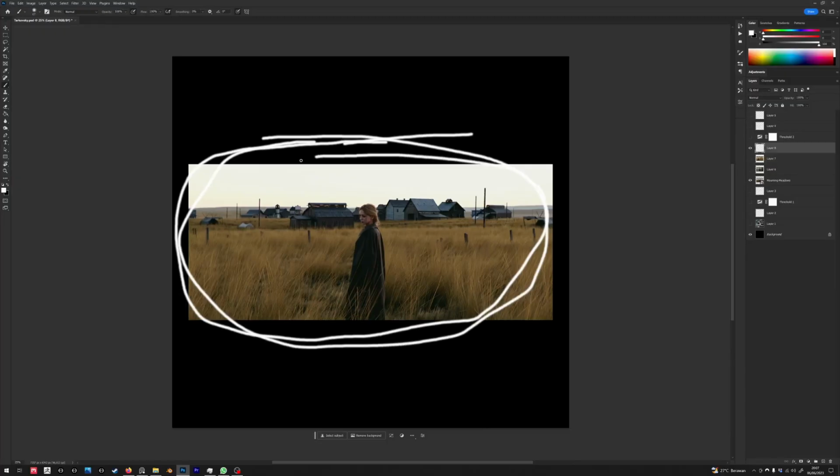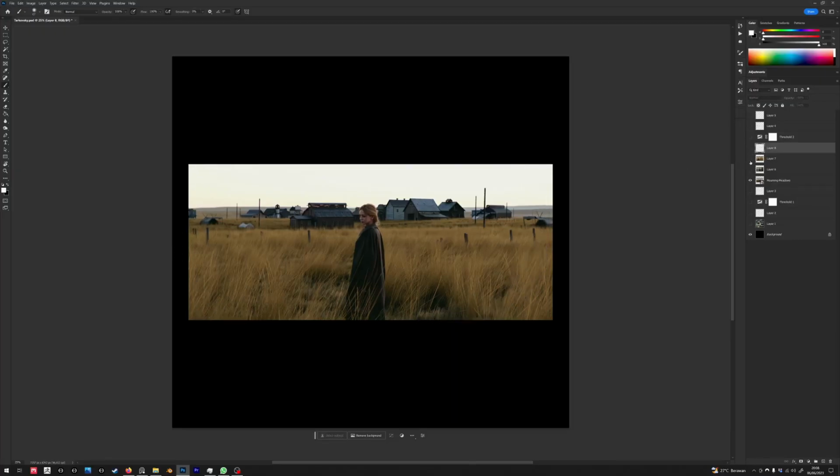This is basically a personal work that I did a bit ago. The goal was to emulate the look of a Tarkovsky film screenshot, like Andrei Tarkovsky, those Soviet era films. That's basically the goal of this personal project. And now I'm gonna teach you how to make something similar to this.